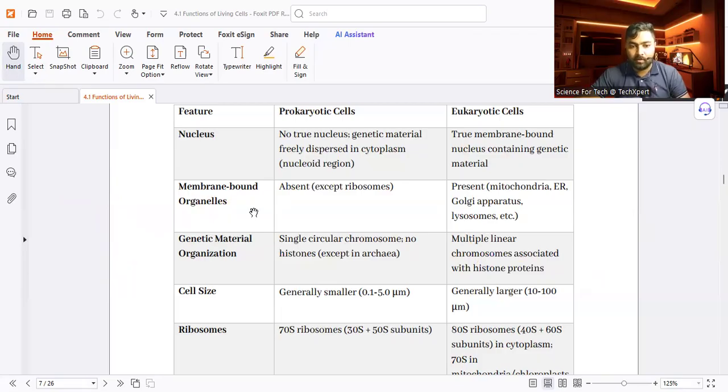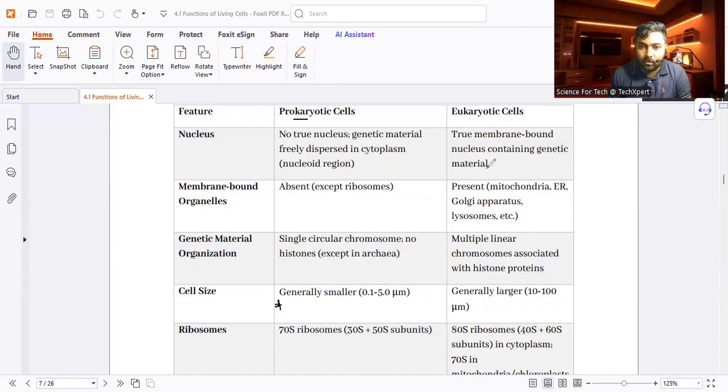Prokaryotic cells are generally smaller and eukaryotic cells are generally larger. To observe a prokaryotic cell, you will definitely need a microscope.